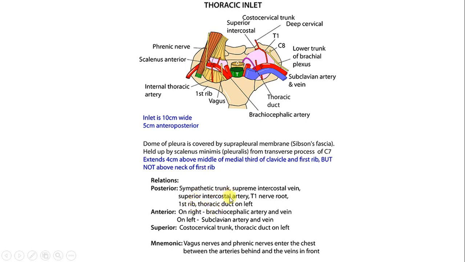Posteriorly are the sympathetic trunk, superior intercostal vein, superior intercostal artery, T1 nerve, first rib, and thoracic duct on the left side. Anteriorly, brachiocephalic artery, subclavian artery and vein. Superiorly, costocervical trunk. And here is the mnemonic: the vagus nerve and phrenic nerves enter the chest between the arteries behind and veins in front.